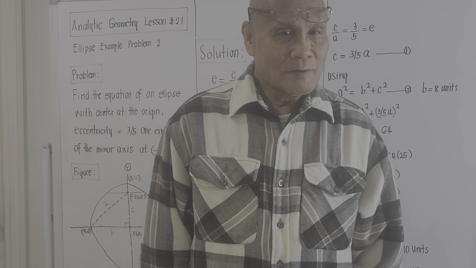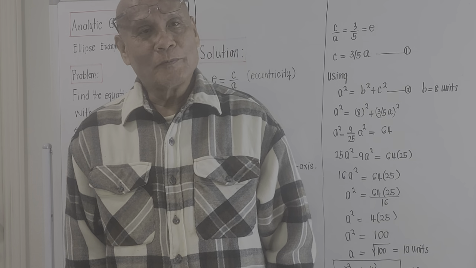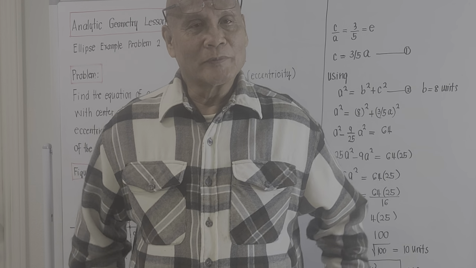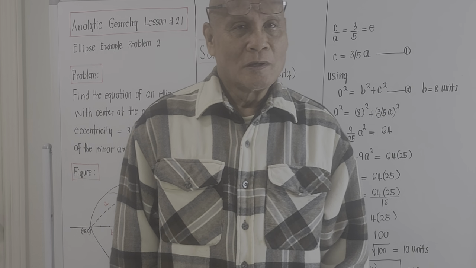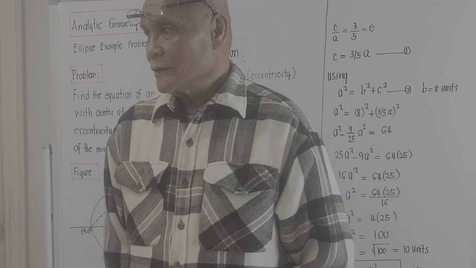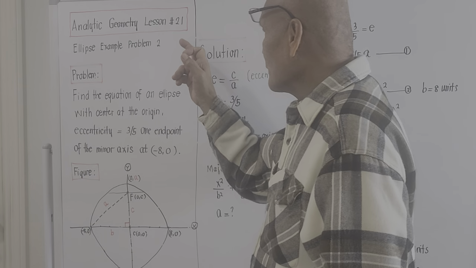Okay, my topic for this evening will be a continuation of my long video format topic on my mathematics section. This is analytic geometry, and I am now on lesson number 21.